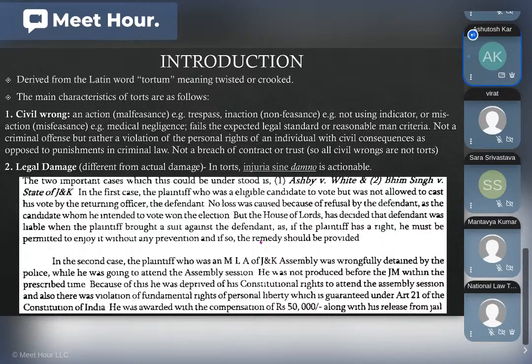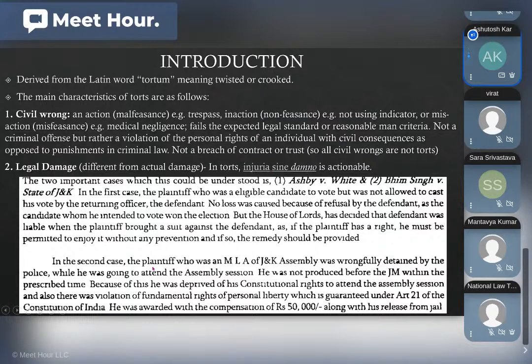He was not produced before the JM, perhaps a magistrate, within the prescribed time. Also, we know that every person who has been detained by the police, or who has been jailed, has the right to be presented before a magistrate within a prescribed period of time. Because of this, he was deprived of his constitutional right to attend the assembly session. And also there was violation of fundamental rights of personal liberty guaranteed under Article 21 of the Constitution of India.